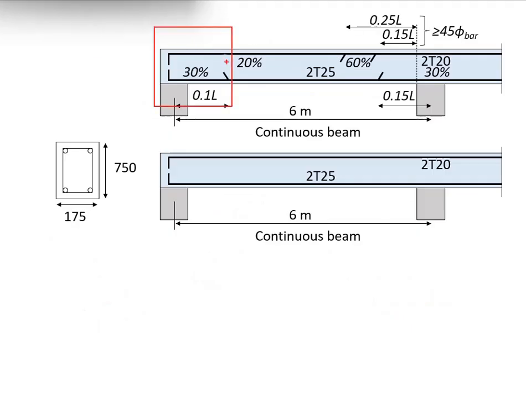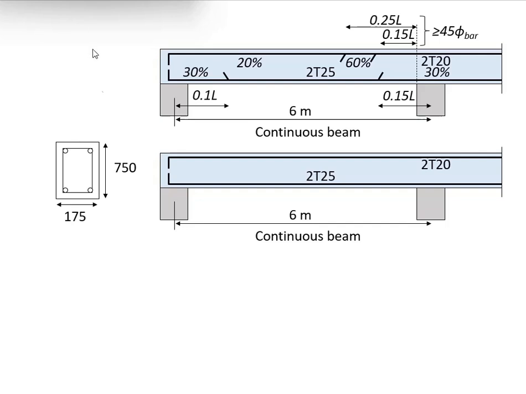Based on the simplified rules of the curtailments, you can reduce the amount of reinforcement bar at the regions where it is not necessary, with the condition that the amount of reinforcement bar provided must be greater than the percentage indicated here. In this case, you have 2 units of rebar at the bottom and 2 units of reinforcement bar at the top.